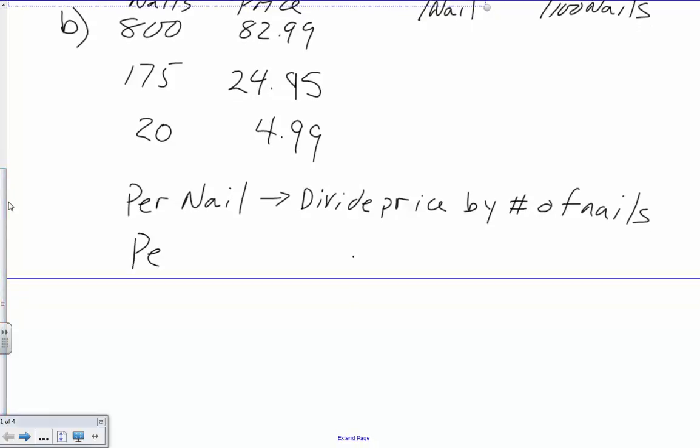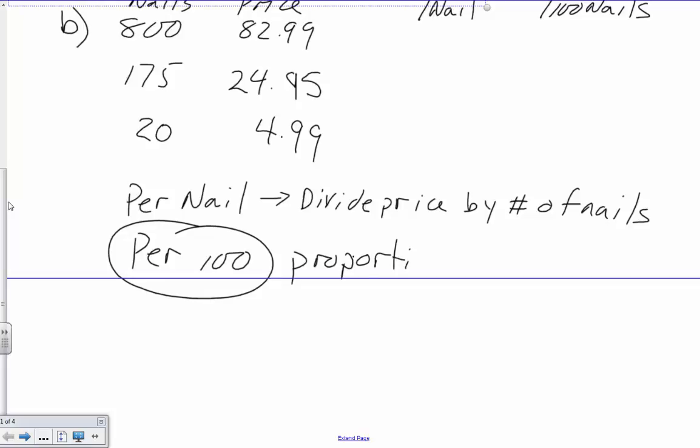Per 100, you're best to set up a proportion. And it really isn't that much harder, but it's more mathematical. Example, if I was going to do 800, I take $82.99 per 800 nails is equal to X per 100 nails.